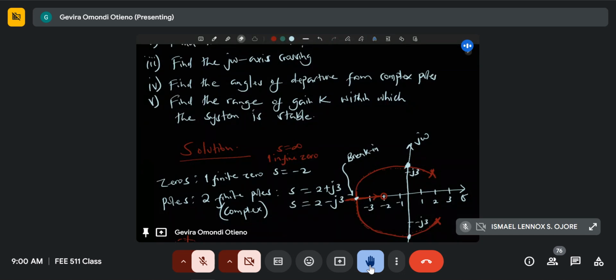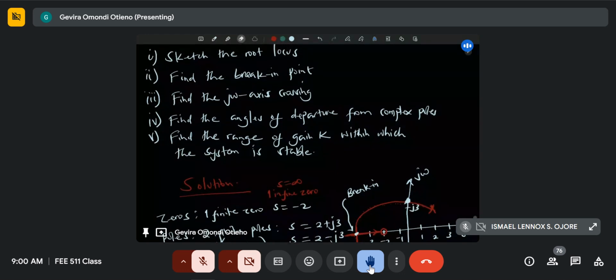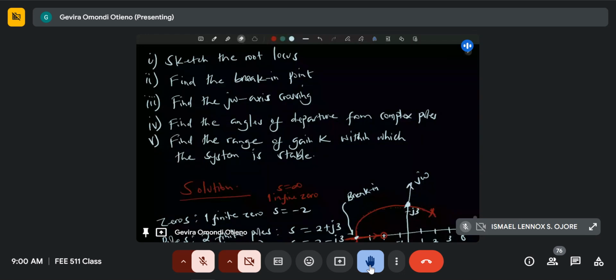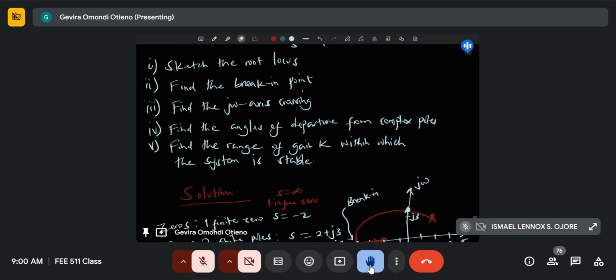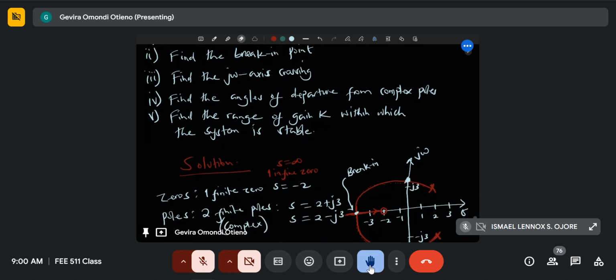Notice I have used the skill of knowing where the root locus occurs on the real axis. I've also used the skill of looking at the question and seeing that because they are asking for the J omega axis crossing, it means these poles will have to cross the J omega axis at one point. They are heading towards the zeros that occur on the left half plane. One is at -2, the other one is at infinity.